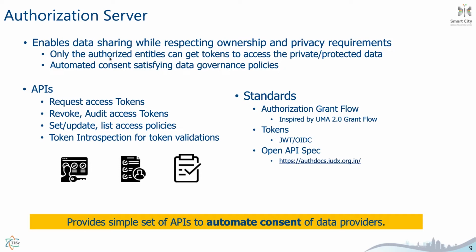The IUDX authorization grant flow actually is inspired by the UMA 2.0 grant flow. And the tokens that are used for access are JWT tokens, and for authentication, OIDC tokens are used. In summary, it provides a simple set of APIs to automate consent of data providers.